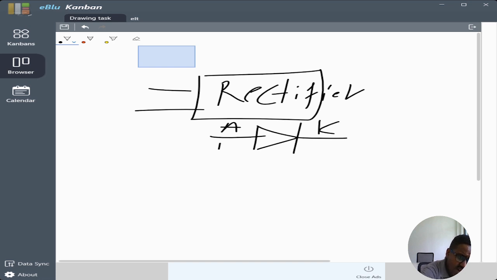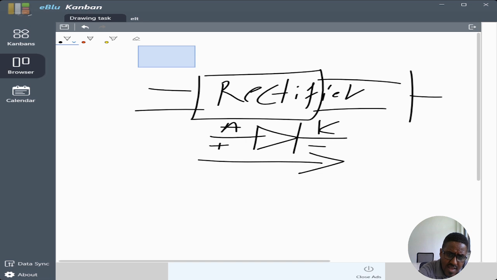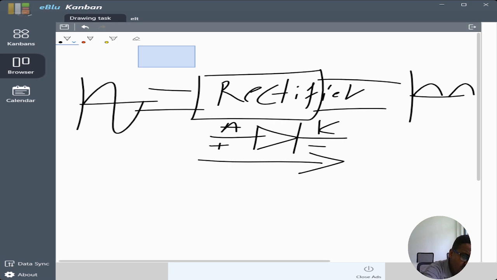The anode is the P material, that is positive, and the cathode is the N material, that is negative. So current passes only in one direction. At the output, we get a pulsating DC. When the input is an AC sinusoidal wave, it is changed to pulsating DC.